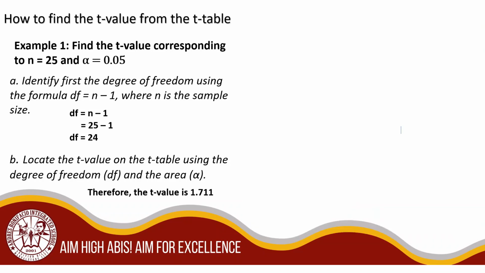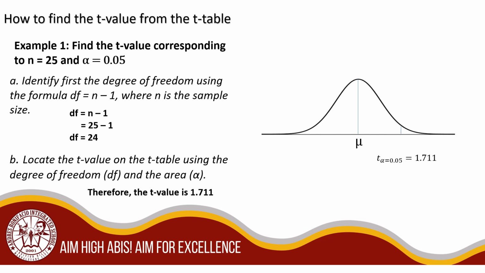Okay, pakita natin sa graph. Okay, so suppose this is our graph. Of course, nasa gitna yung mean or the population mean, and let's just assume kung nasaan yung 1.711. So ito po siya, andun po. So parang yung 1.711 parang value ng 0, di ba?